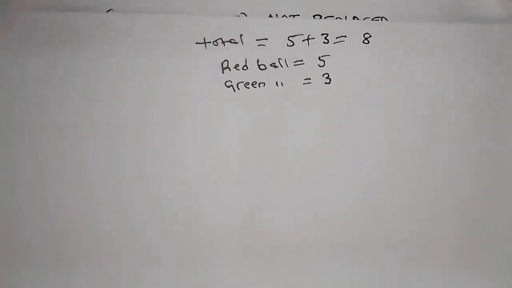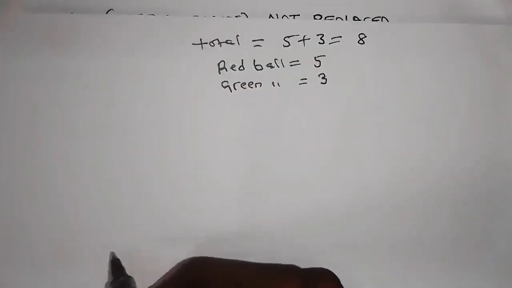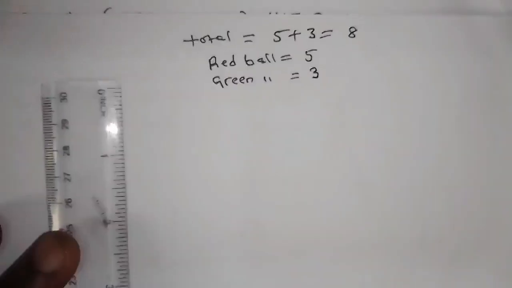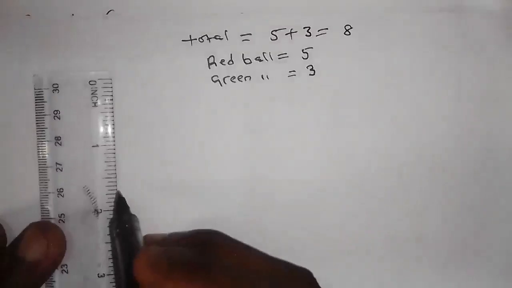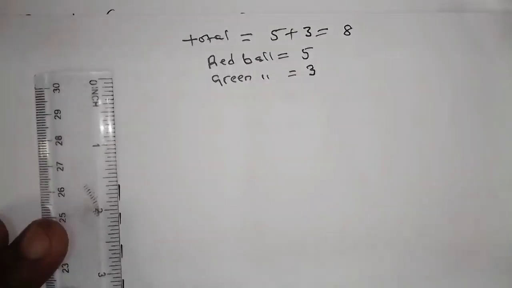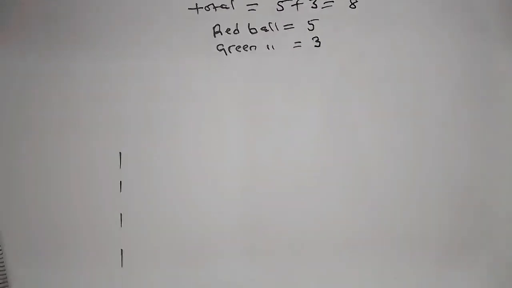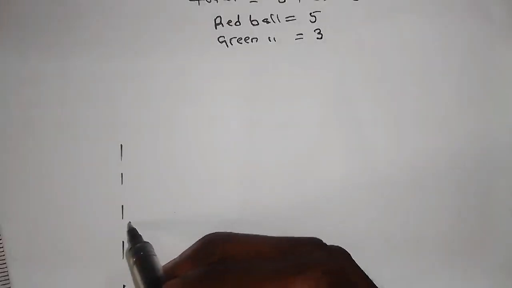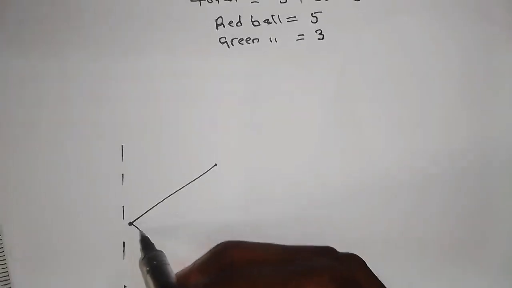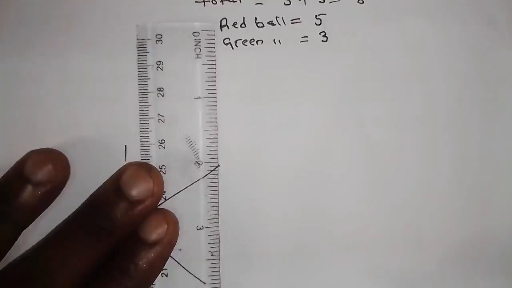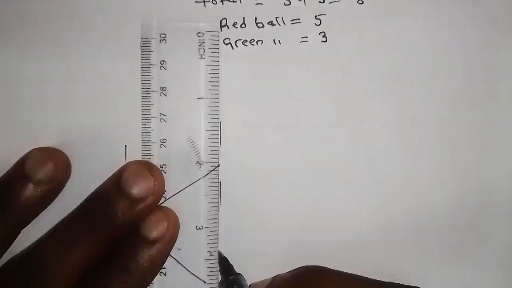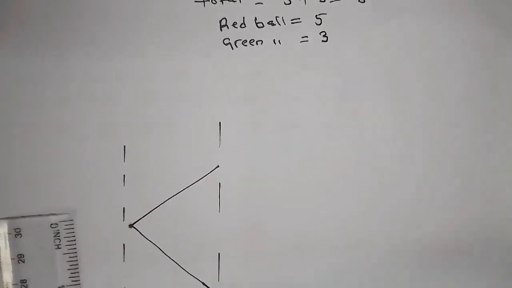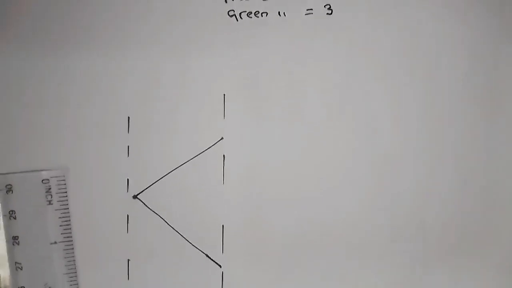They are making 2 draws. So let's say we have that. The second row starts there. So this is the first draw.